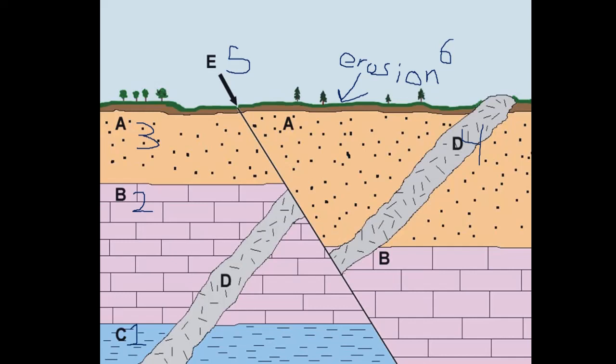The next oldest is D, 4, because that cuts through all the 3 previous layers, so it has to be newer than that. But since it's broken by the fault, it had to be older than the fault. Therefore, E is the newest event, number 5, because it cuts through everything.